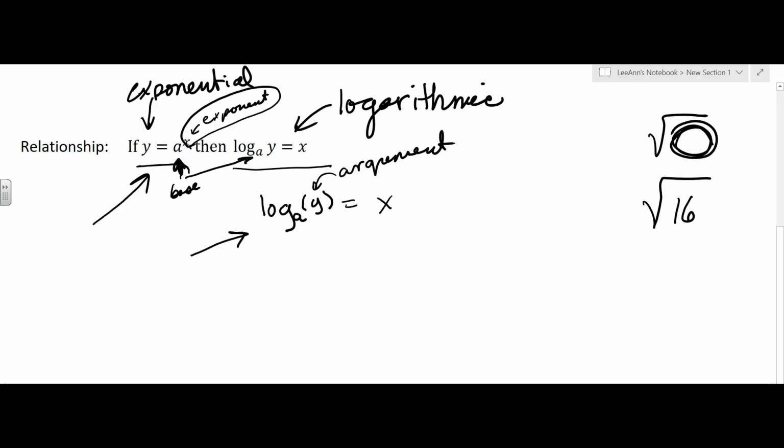Okay? So y equals a to the x, and that means you can convert that to a logarithm equation, and it's log base a of y equals x. And you can go back the other way as well. So they can give you a logarithm equation and ask you to make an exponential equation. They can give you an exponential equation and ask you to make a logarithm equation. Okay? So there's a relationship there.